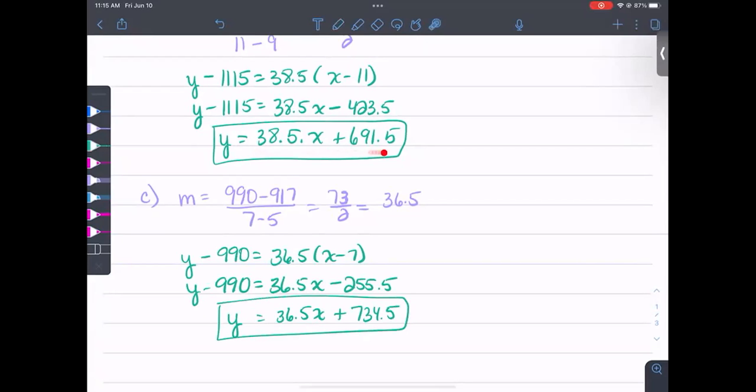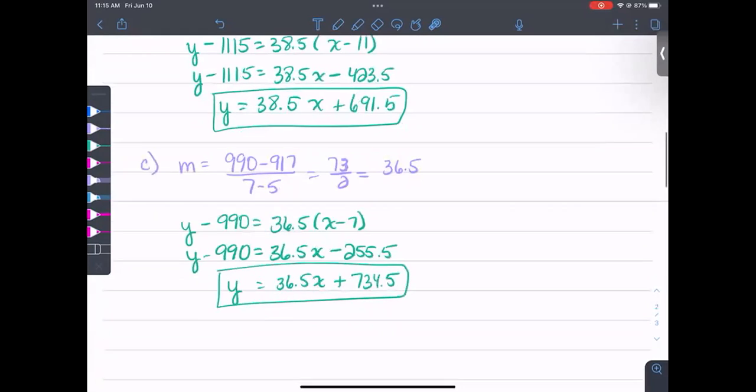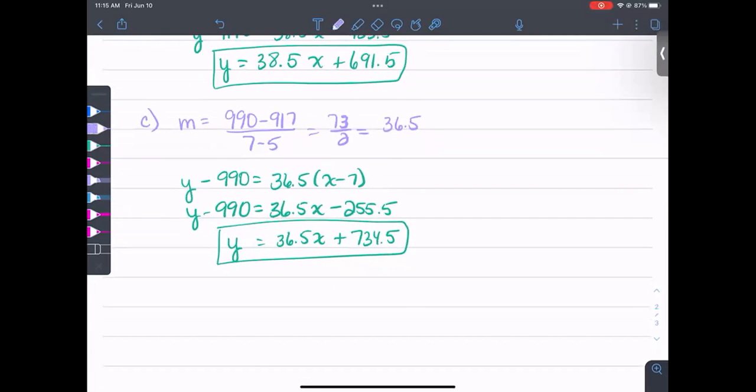Let's look at these two lines in comparison. We have 38.5 versus 36.5. That's not too far off, but they are different. But the y-intercepts are quite different. So in the grand scheme of things, these equations are different.